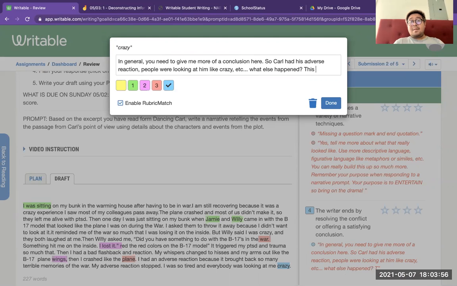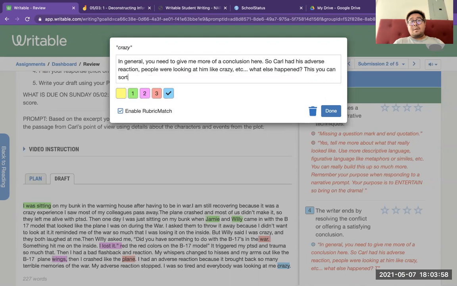Okay. Now this you can sort of not change the original text passage, but maybe insert a thing or two. I know I said not to change things, but if you remember, the ending of the original passage is kind of vague.